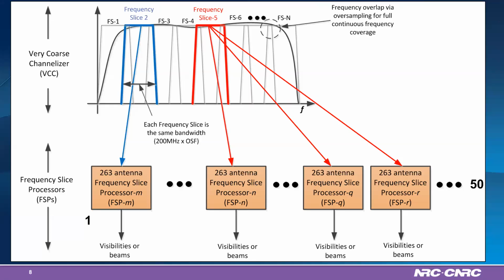This slide just shows how for simultaneous observing modes, a single frequency slice can be distributed to multiple frequency slice processors. So if you wanted to be doing imaging and VLBI or pulsar search or timing beamforming on the same frequency slice, then you can do that by distributing that to many frequency slice processors.